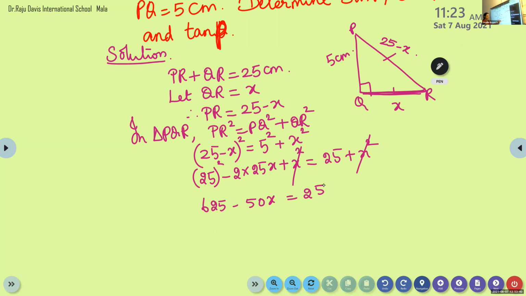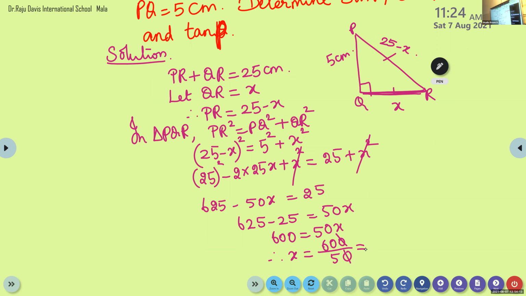Now find X. 625 minus 50X is 25. From here, 625 minus 25 is 50X, so we get 600 is equal to 50X. Therefore X is 600 by 50, which simplifies to 60 by 5.